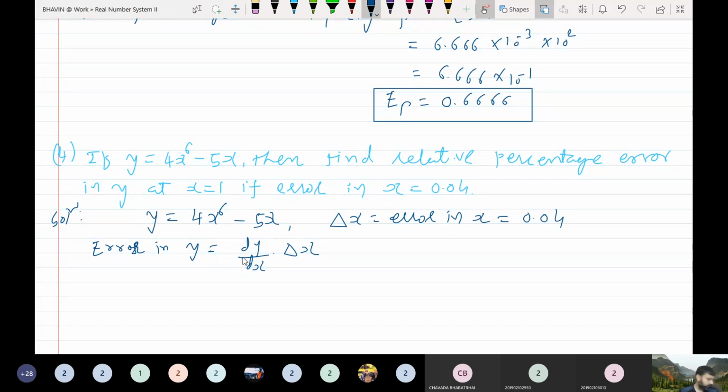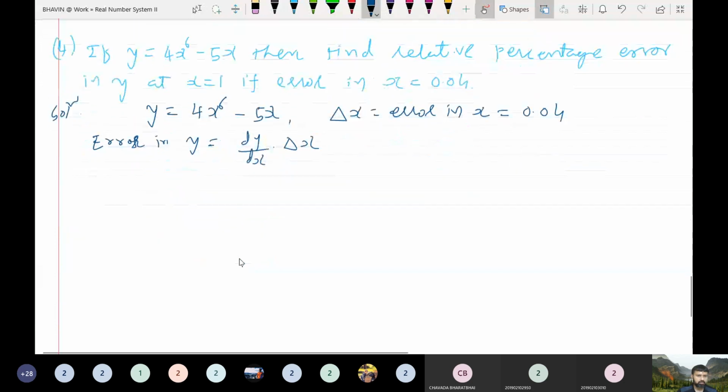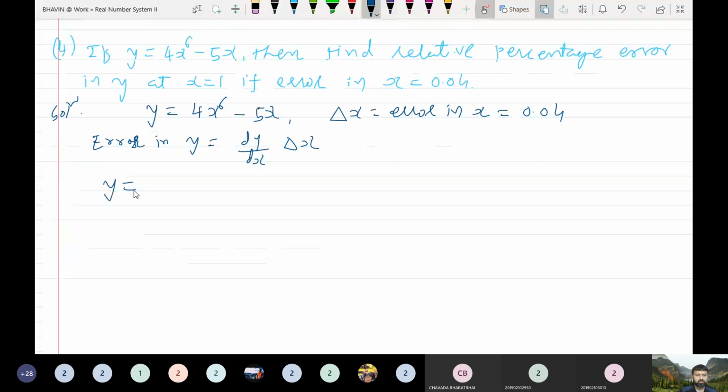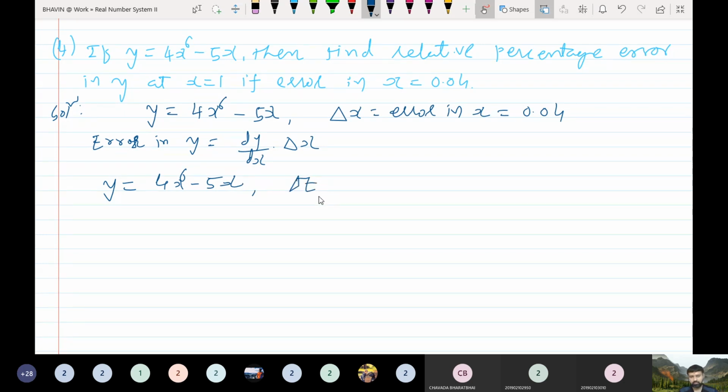And put x equal to 1. So y is given, y is equal to 4x raised to 6 minus 5x. So what is the true value? At x equal to 1, what is y1?